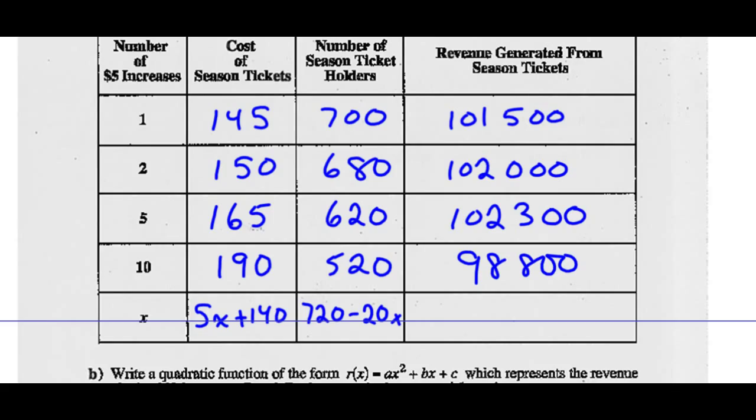And then our revenue, of course, would be the price of a season ticket, 5X plus 140, multiplied by the number of season ticket holders, 720 minus 20X. So that's our revenue.